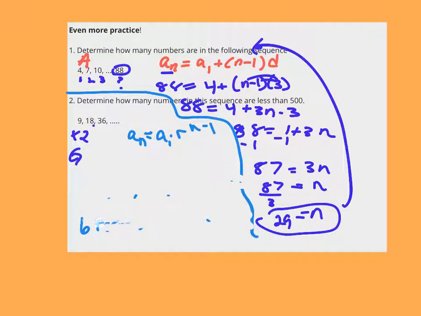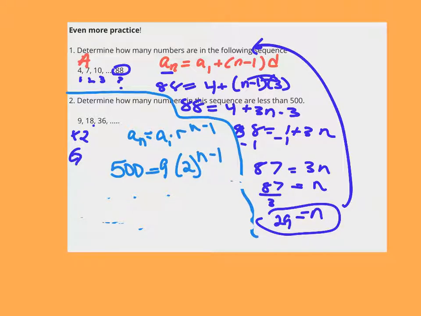I could also, if I wanted to, instead of generating, plug in the information that I know. So here it says a sub n, which is my last term, and so I'm going to set that to be 500. A sub 1 is 9, the r value is 2, and I have n minus 1.